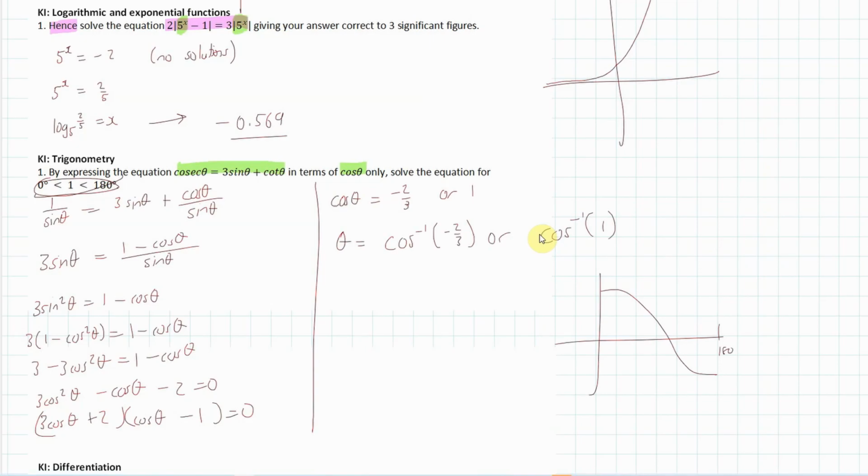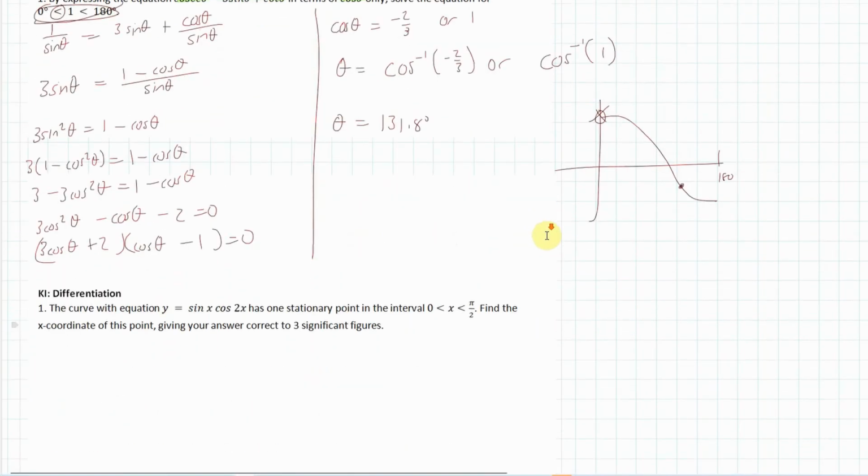But 0 is less than, so because we've got this less than sign, we've actually got nothing here, so we can ignore that one. We're going to have negative 2/3 here. Now when I plug that into the calculator, I'm getting theta is equal to 131.8 degrees.